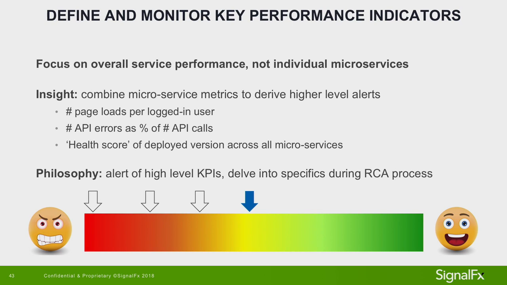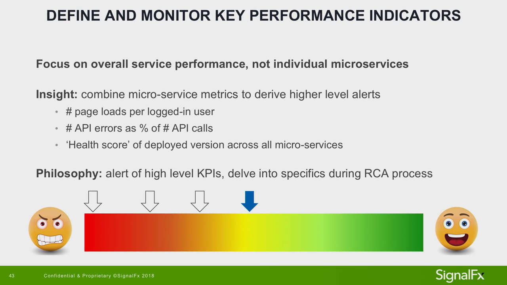Another, similarly, is API errors as a percentage of the number of API calls that are made. So here we are combining different types of metrics together to get a higher level signal, which is perhaps easier to monitor, and more indicative of the user's experience on the site. The third one is something that one of our customers does.